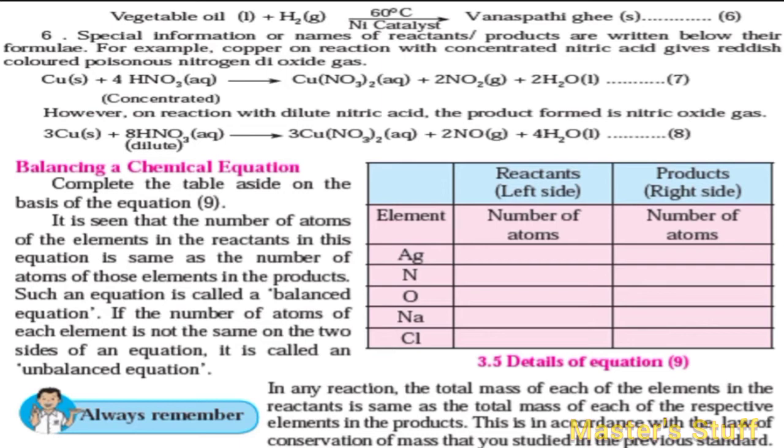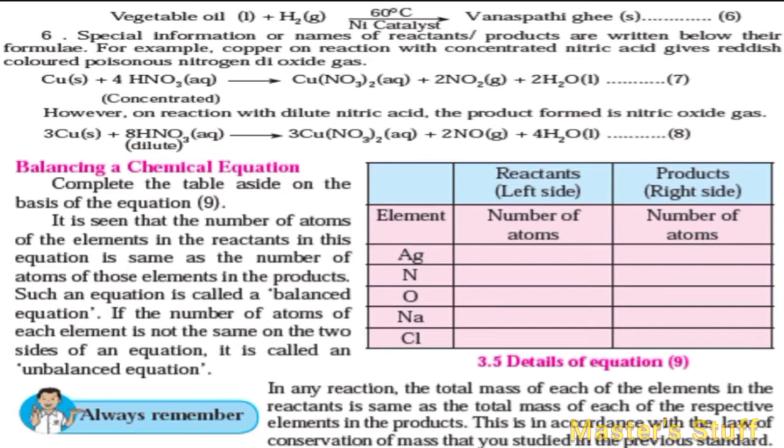Let's understand this by considering the equation we studied before. The equation of CuSO4 plus Zn gives ZnSO4 plus Cu. On both the sides, the number of atoms of Cu is 1.